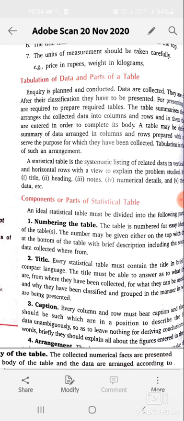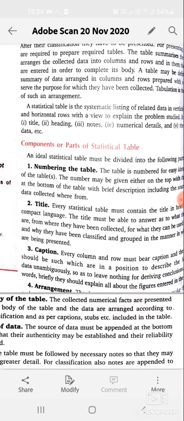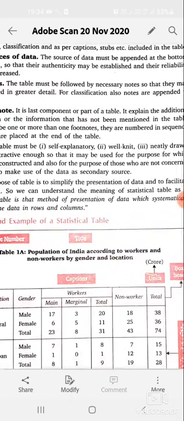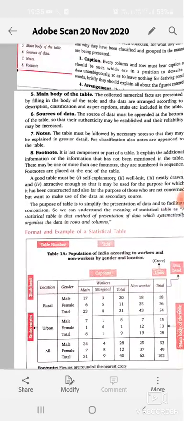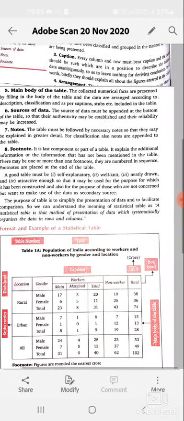Today we are going to discuss the components or parts of a statistical table. With the help of a diagram, I can show you the different components of a statistical table. First comes the numbering of the table.